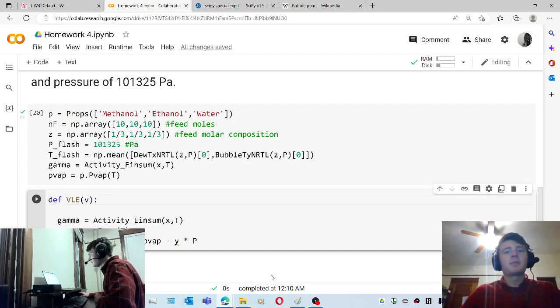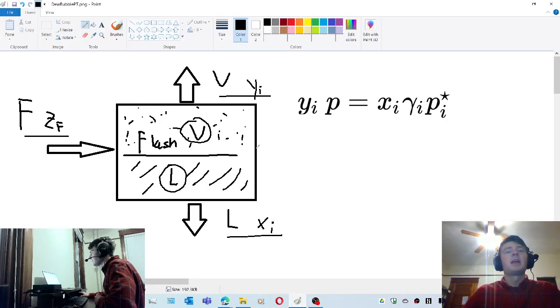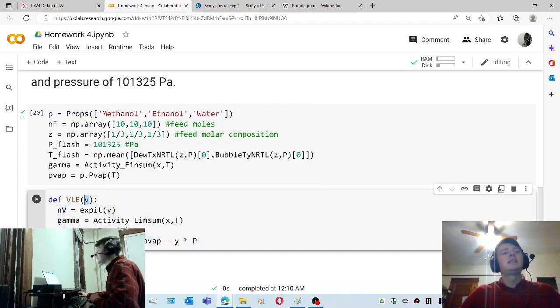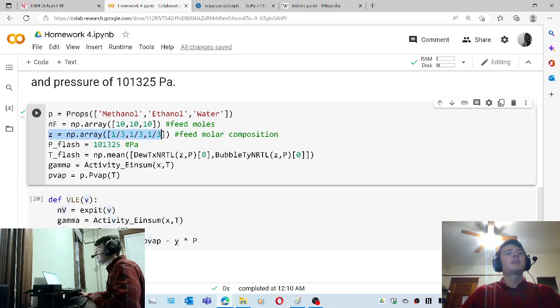Well, let's think about what this vapor-liquid equilibrium actually is, right? I know that you're going to get some composition, y, coming out the top, and then some composition, x, coming out the bottom. So I can start out by saying that the number of moles coming out of the vapor phase is going to be this EXPit of V. V is going to be like the composition of the vapor phase, we'll call it.